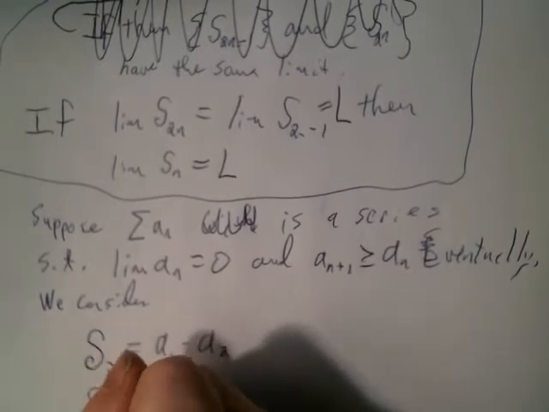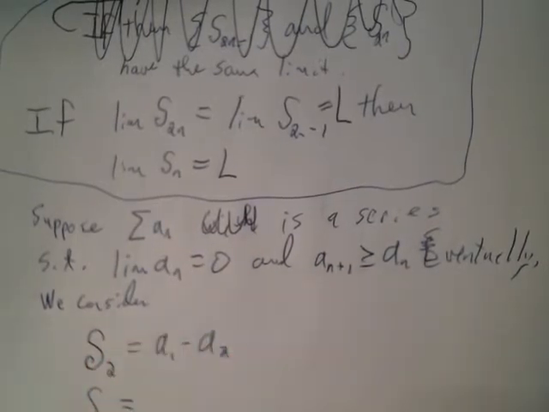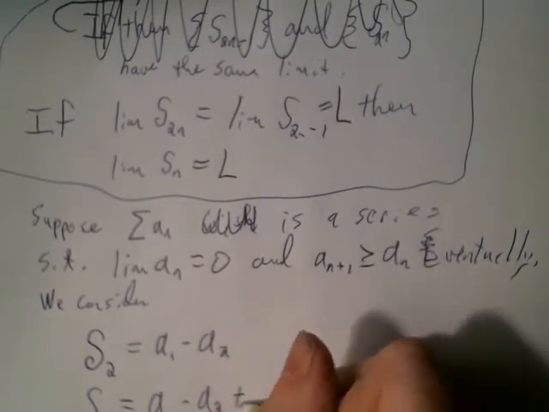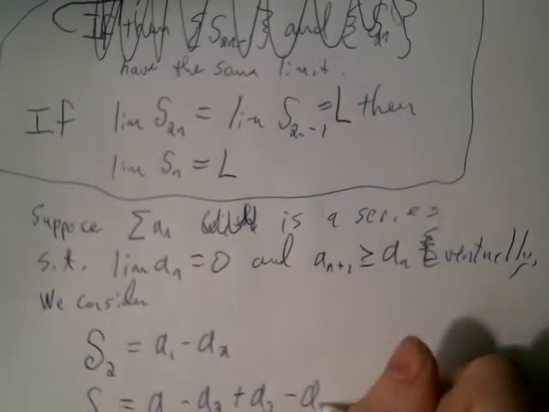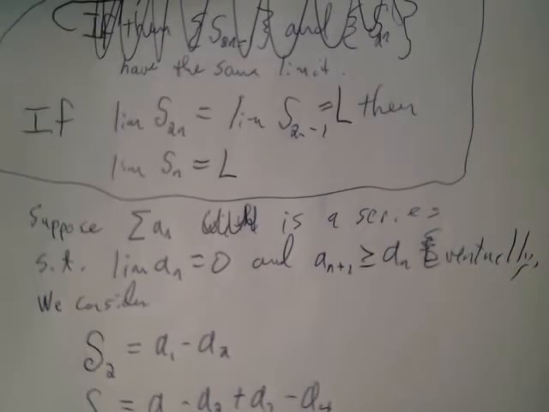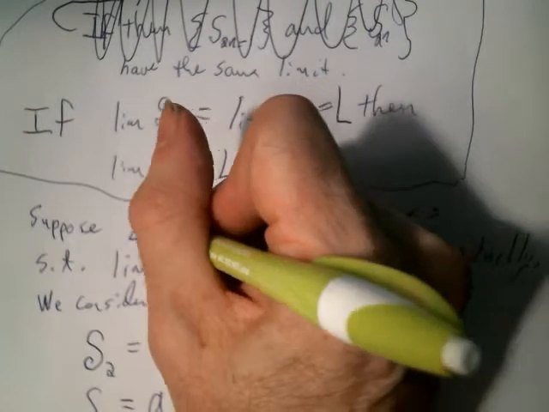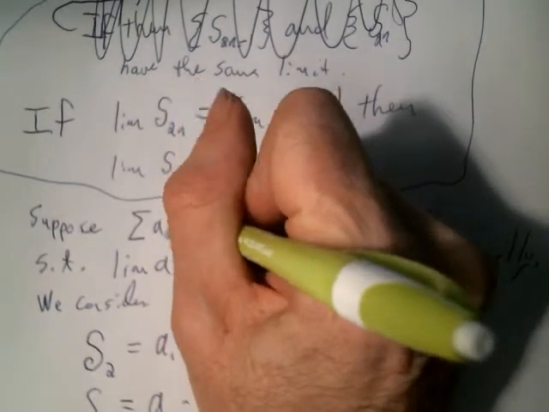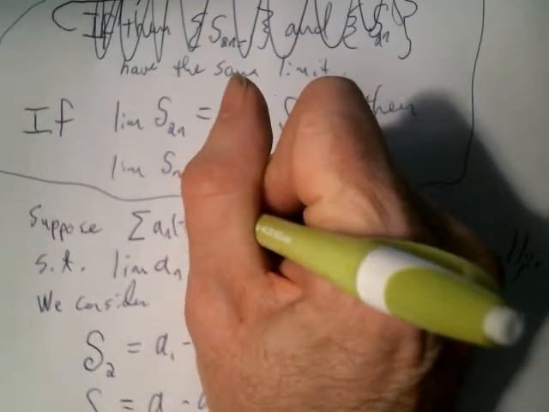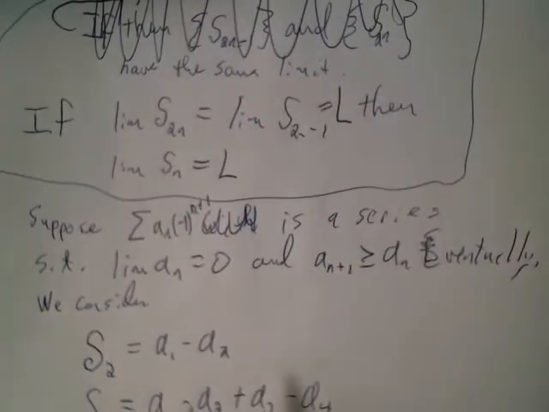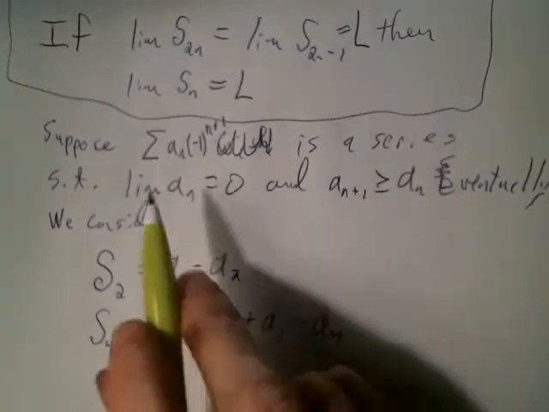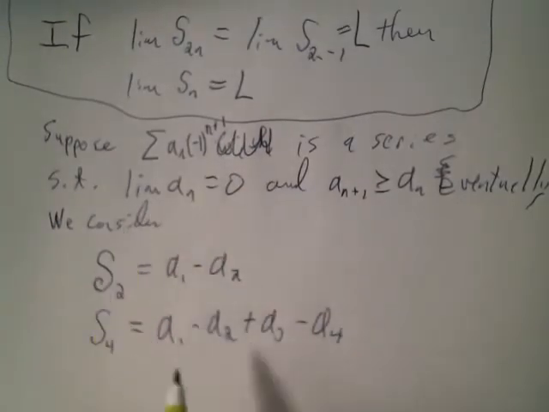S sub 4 is going to be A sub 1 minus A sub 2 plus A sub 3 minus A sub 4. Right? So in particular, in this proof, I'm considering the version where the odd terms are actually positive. I guess I missed my negative thing here. But I could probably pull off this proof for the opposite case as well.